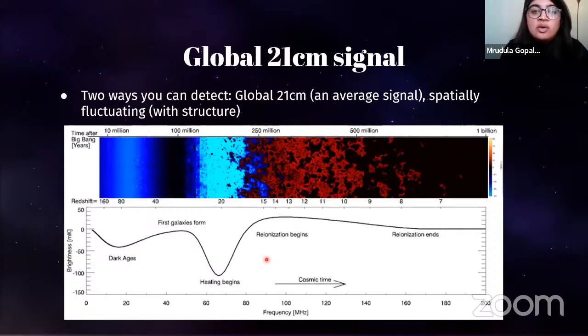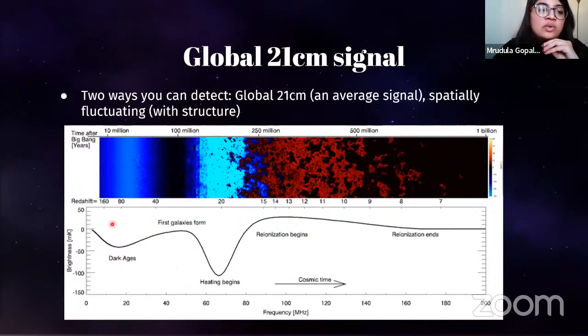One is you can just measure the average signal. When you measure an average, you don't get details about the signal. The top one is giving you a very detailed picture of the signal, whereas the bottom one is just giving you an average.